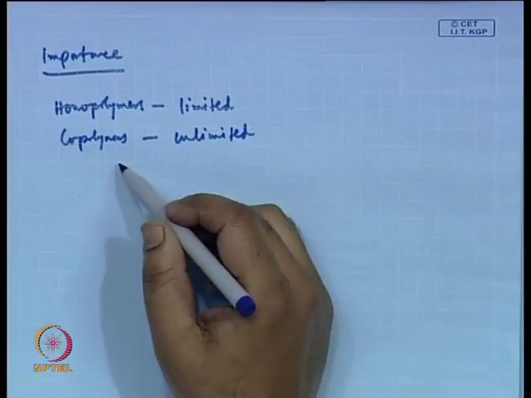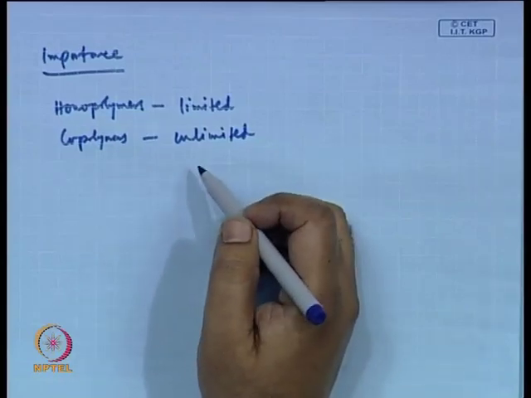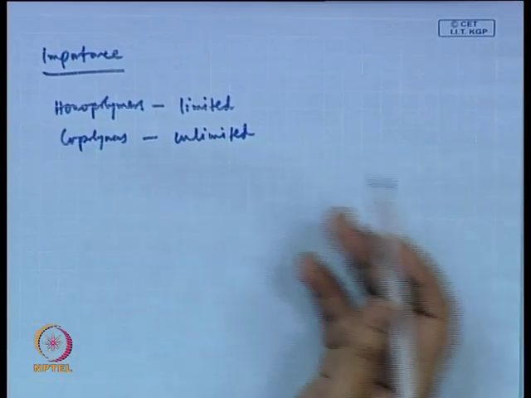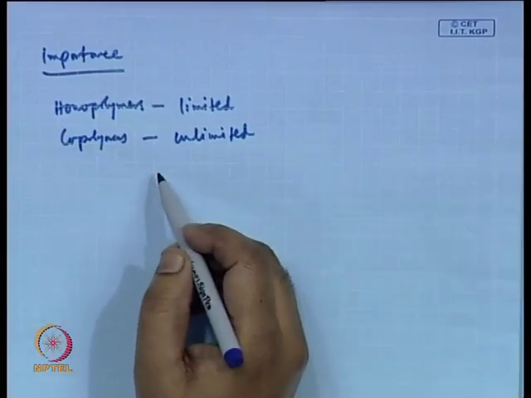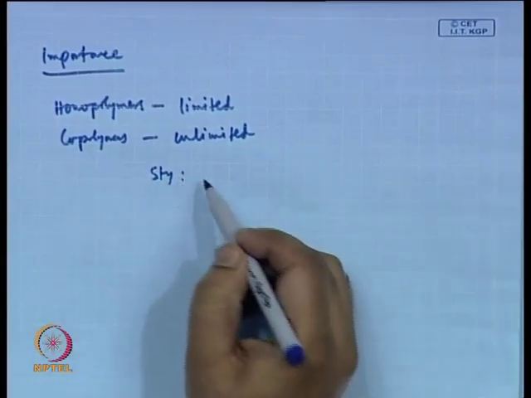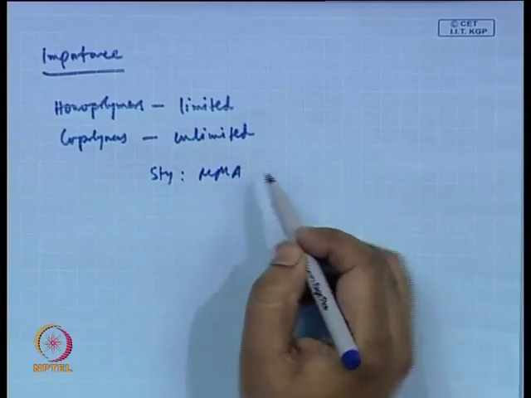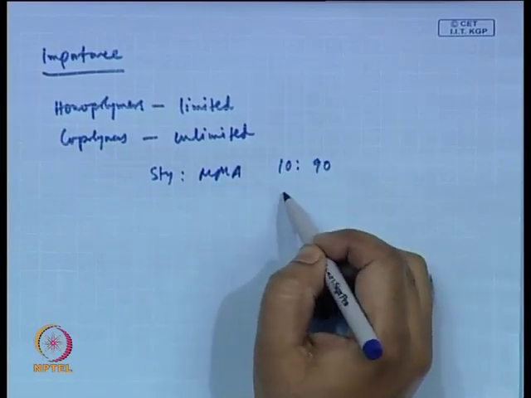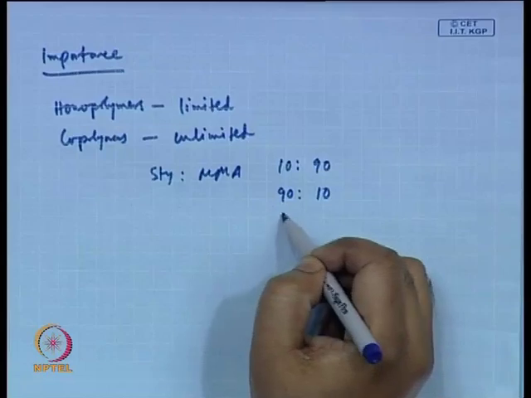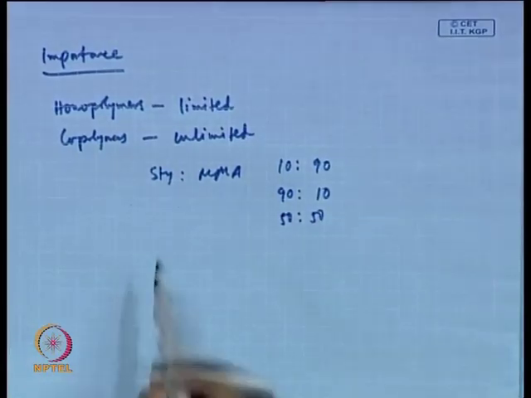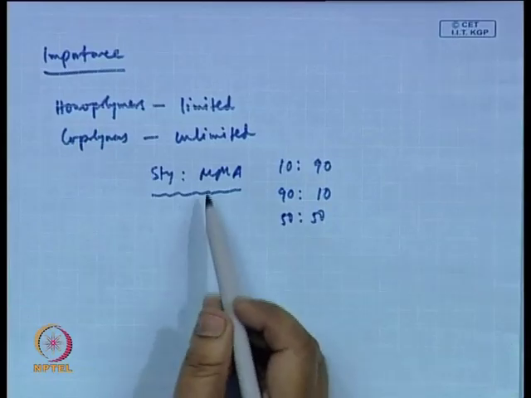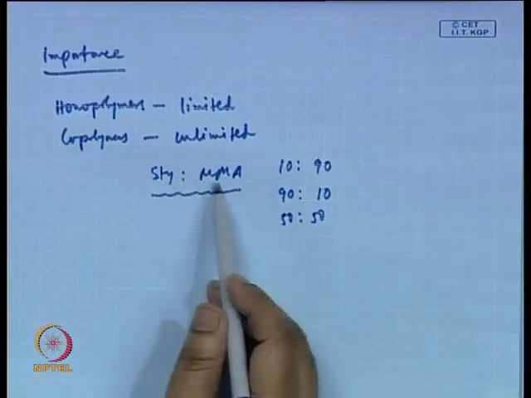You can take styrene and MMA and get numerous copolymers if you mix them in different proportions. Say styrene to MMA, you can get 10 to 90, 90 to 10, 50 to 50. In this way you can get numerous copolymers, and also you can choose different sets of monomers.